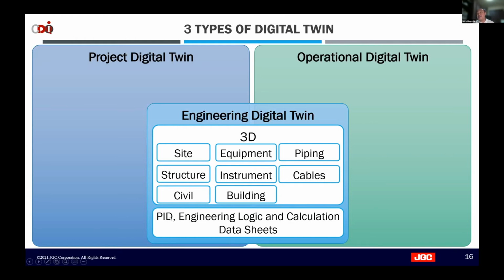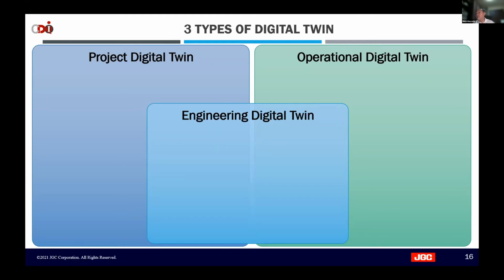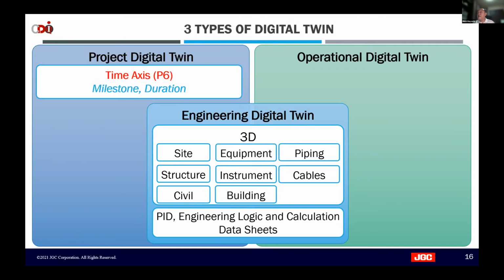And P&ID, which we call process drawings, and engineering logic and calculation data sheets. Many of them could be in documents or in data form. Now, when it comes to the project digital twin, we introduce the time axis. I put P6, which represents Primavera scheduling software, version 6.